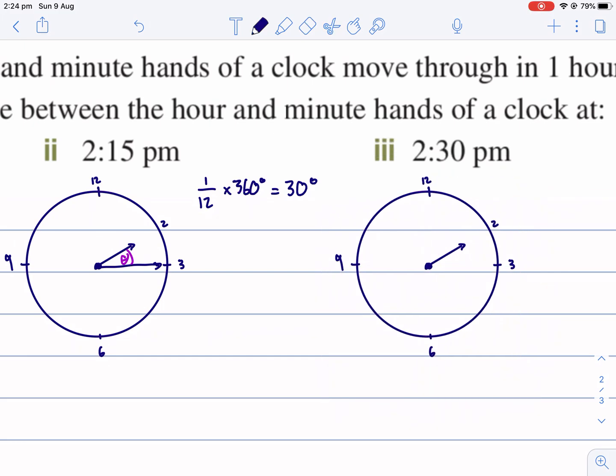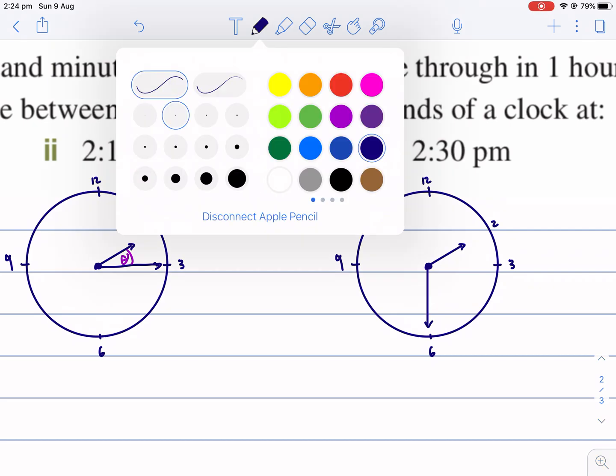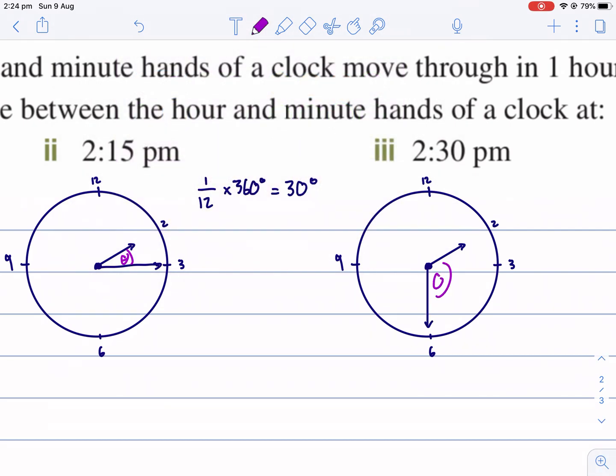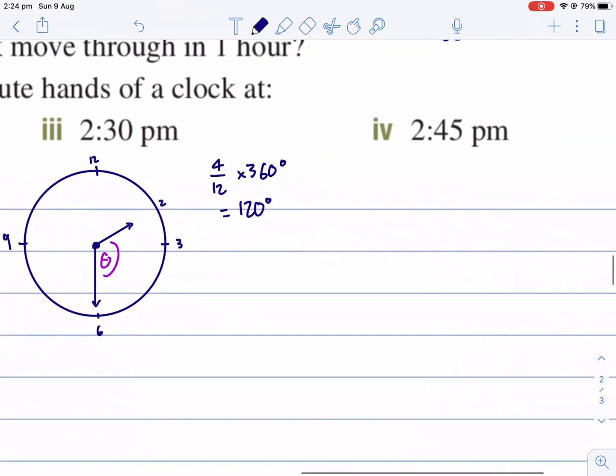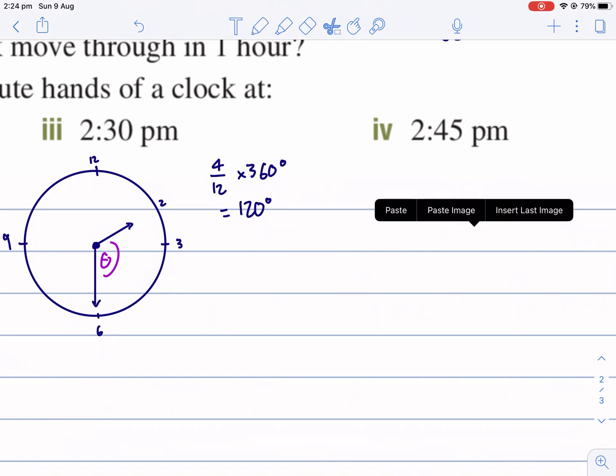2:30. This time the minute hand is pointing all the way down, and this is the angle. So we've got 4/12 times 360 degrees, which is 120 degrees. And finally 2:45.